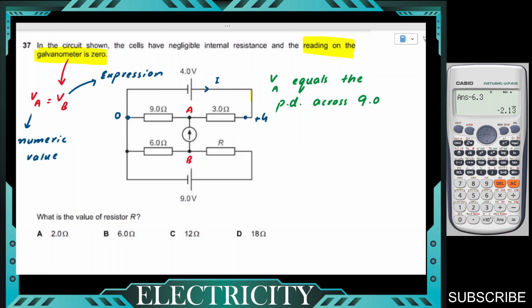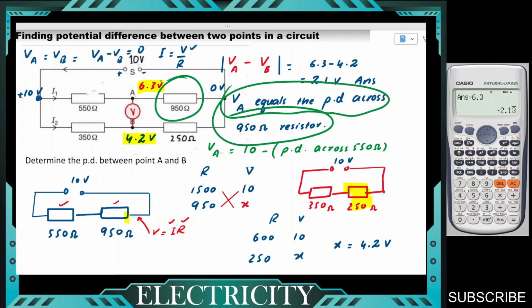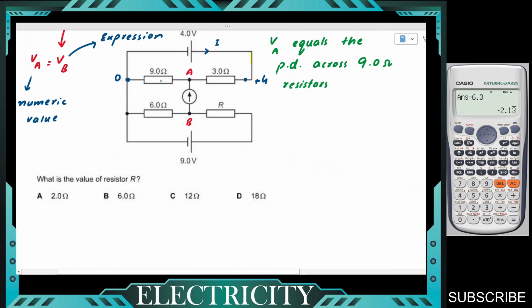Potential difference across the 9 ohm resistor. If you compare it with the previous one, we said the potential at A equals the potential difference across the 950 ohm resistor. We picked up the resistor on the right side. But in this case, we are picking up the resistor on the left side.